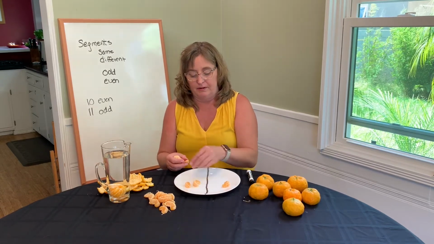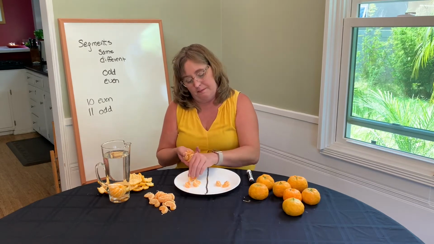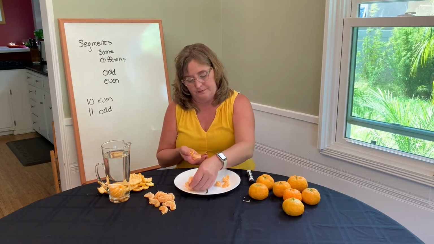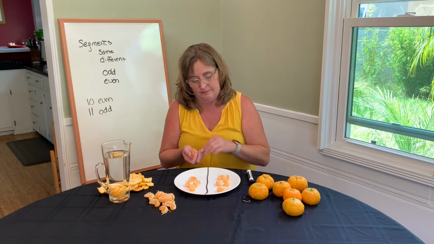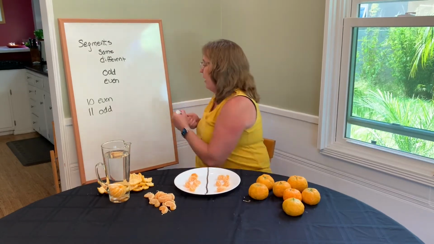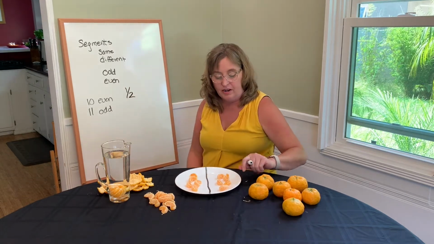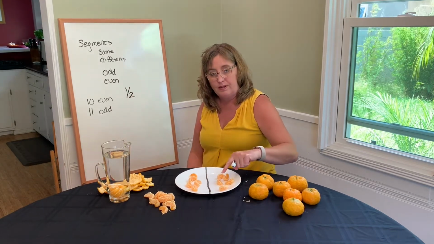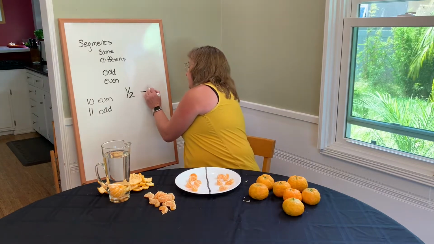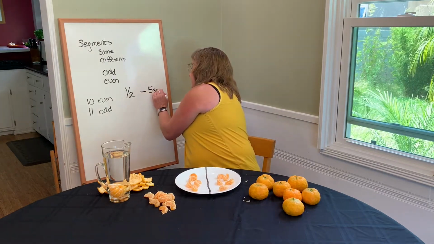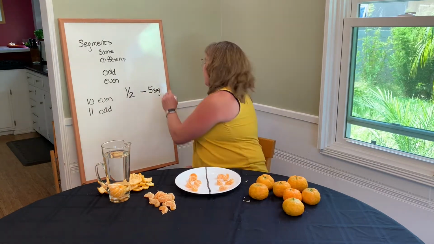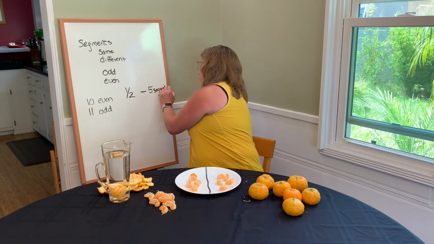Let's see if we go like this. So half of my tangerine segments for this tangerine are 1, 2, 3, 4, 5 pieces, 5 segments are half of my tangerine.